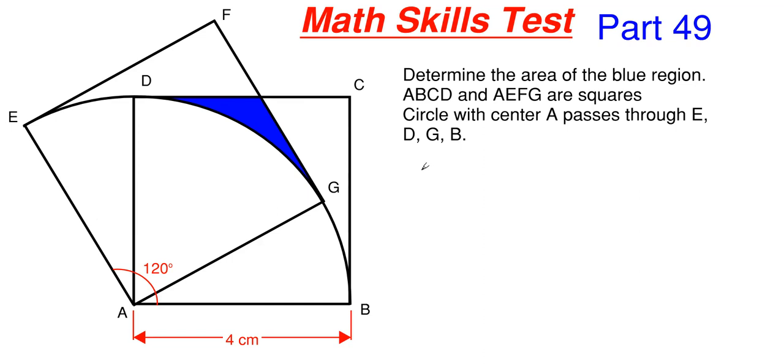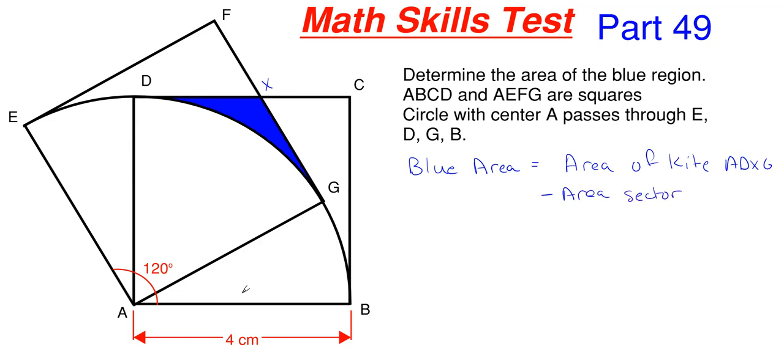Okay, so how are we going to find this blue area? Well, our blue area will be found by determining the area of our kite, and let's call this intersection point up here X, so we have kite ADXG, and then we subtract off the area of our circle sector, ADG.